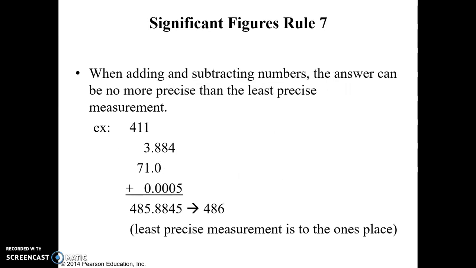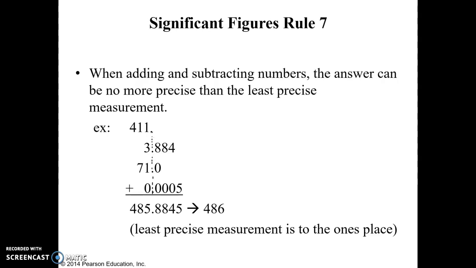Now, when we are adding or subtracting with significant figures, the rule is slightly different. Basically, we should think of how you were taught to add, or I don't know, this is how I was taught to add. When you're stacking numbers up vertically and you're doing a hand calculation, you want the decimal points all to line up with each other.